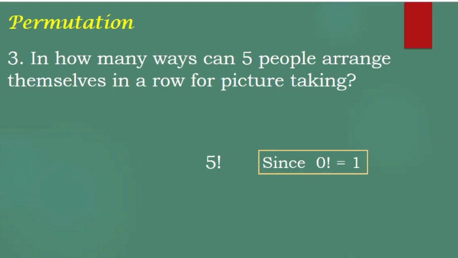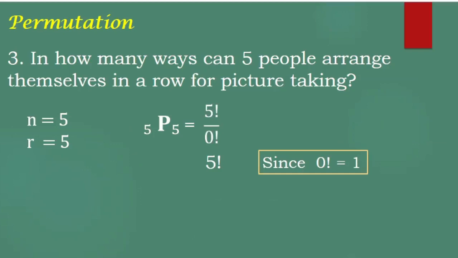Our n here is equal to 5 and r equals 5. Therefore, our permutation of 5 objects taken 5 at a time equals 5 factorial all over 0 factorial.